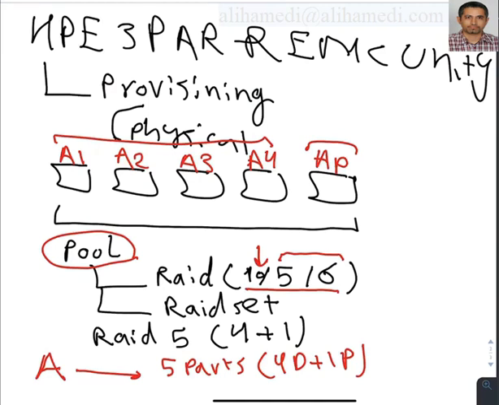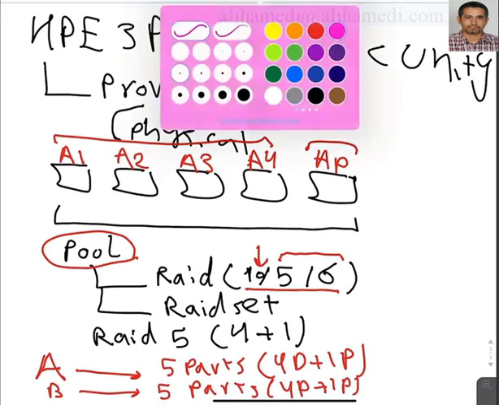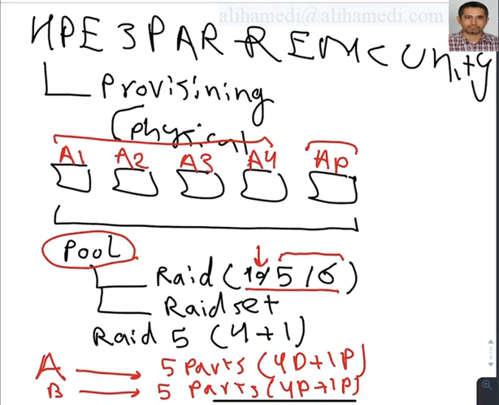For example, if another block of data we want to write is B, in this pool it is the same as A, 4 parts plus 1 parity, but the parity can be on a different disk. For example, it is something like this: B1, B2, B3, B4, BP.